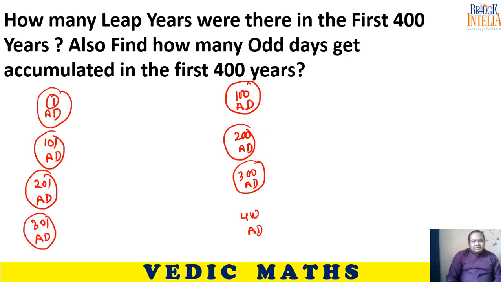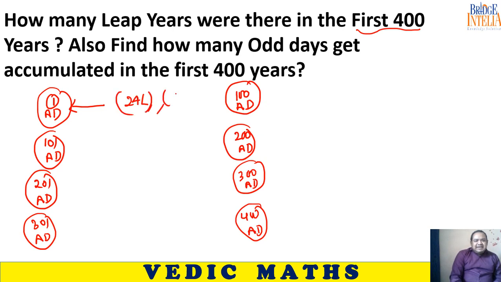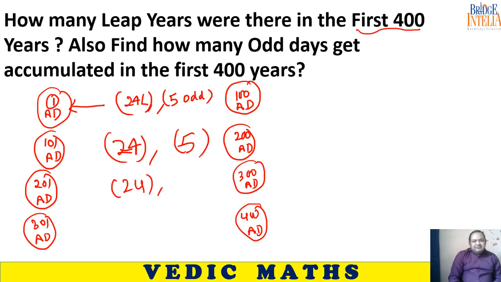So we have to understand the complete picture of the first 400 years. From here to here there are 24 leap years and 5 odd days. Same story here, 24 and 5, 24 and 5.